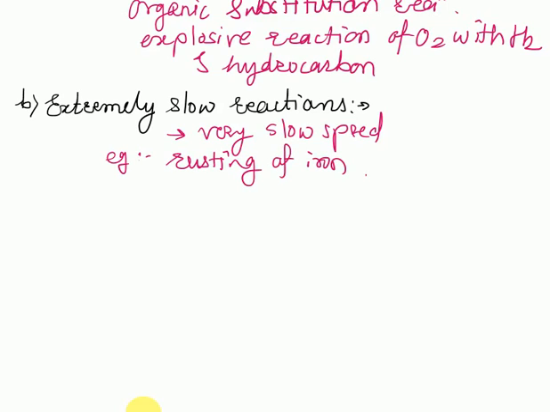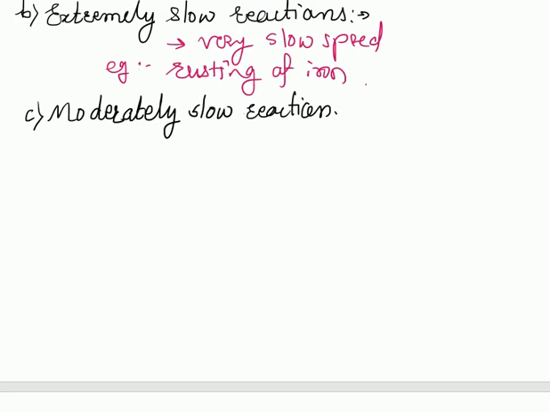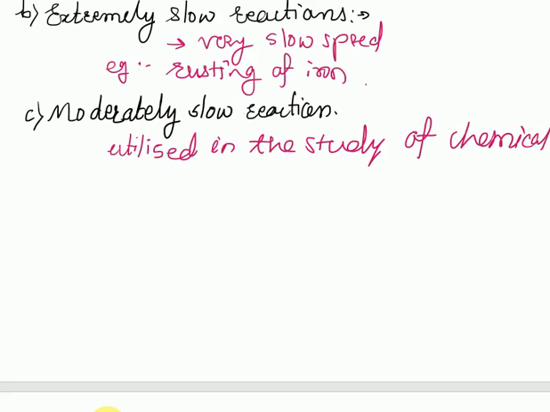The third kind of reaction is the moderately slow reaction. Reactions belonging to the third category, that is the moderate speed reactions, are utilized in the study of chemical kinetics.